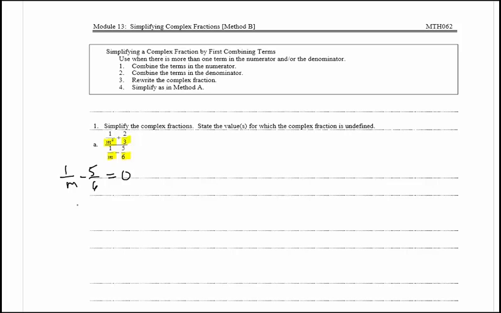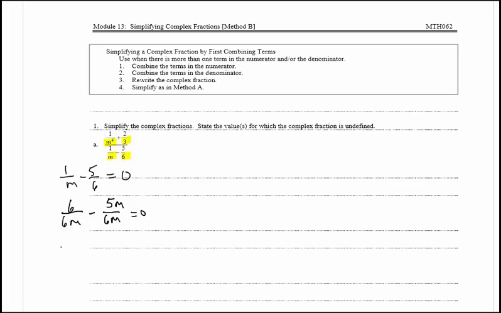So if we were to create a common denominator, it would be 6m. So we would have 6m in the denominator, and in order to make 1 over m have a denominator of 6m, it would be 6, and then minus, for 6m in the denominator of the second fraction, we would multiply both top and bottom by m, so we would have 5m.